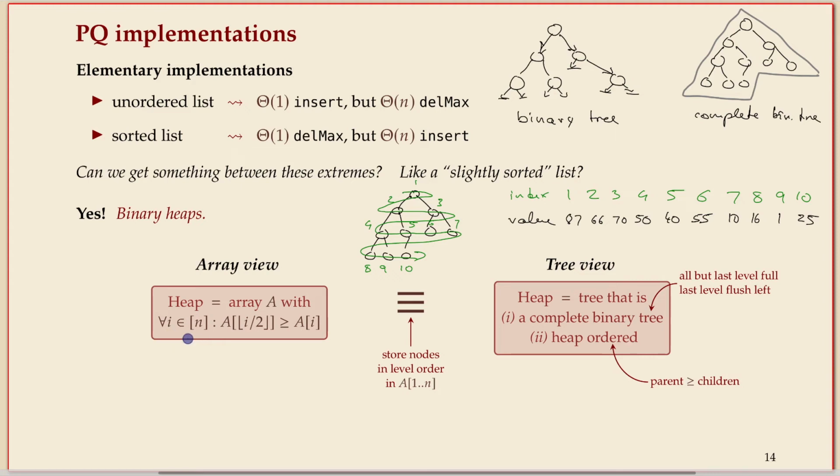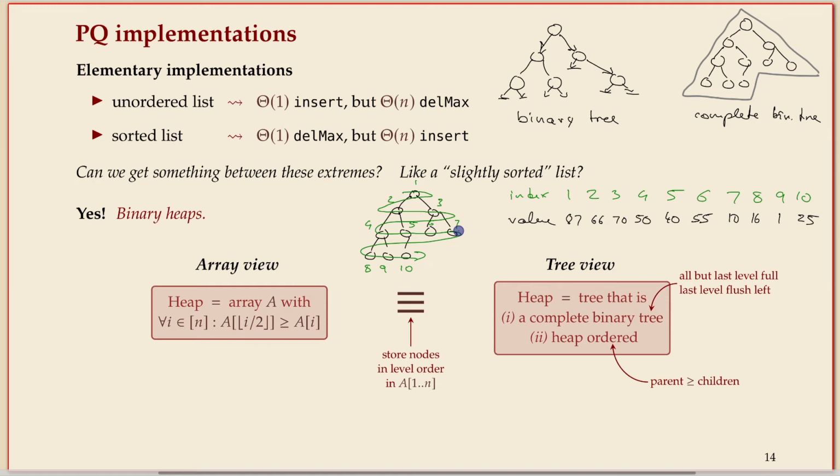For any position, if I go to, say, position 7, if I halve 7 and round down, that's 3. So I should check 70 is bigger than 10. That sounds all right. And that should be true for all the positions. And that's not really magic. If you see where 7 and 3 are in this tree, then 3 is here, 7 is here. So, 7 is a child of 3.